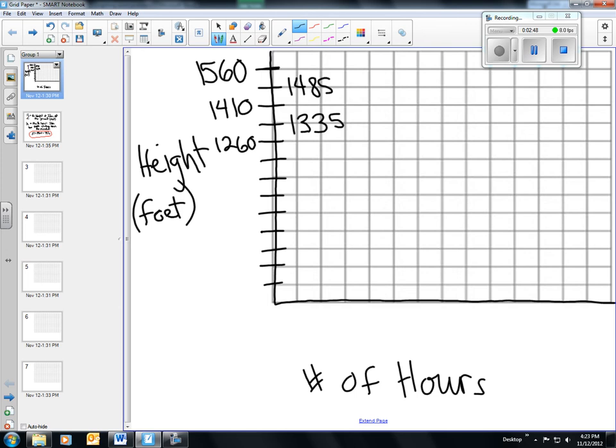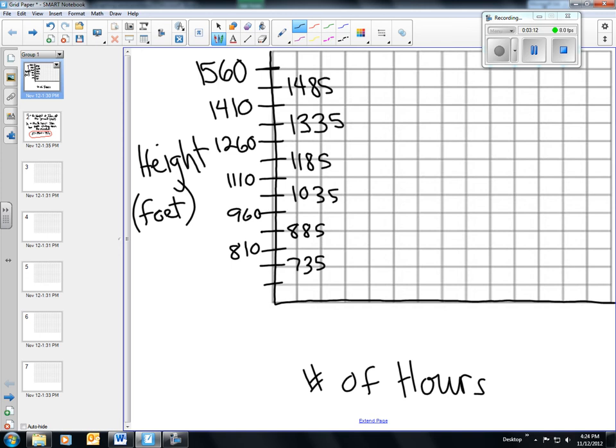Then you have 1,185, and so on and so forth. You can keep going. I'm going to go ahead and just write in the rest: 1,035, 960, 885, 810, and then 735.